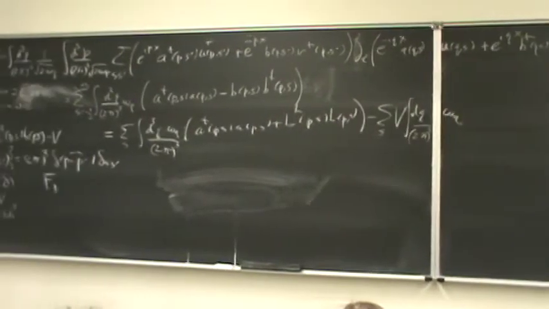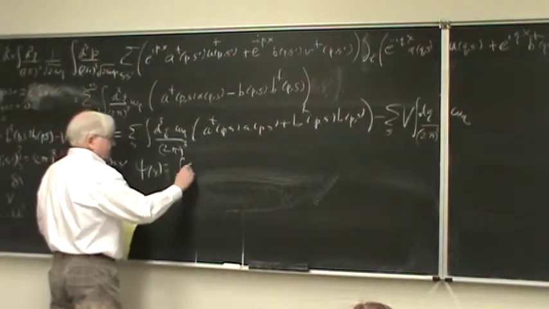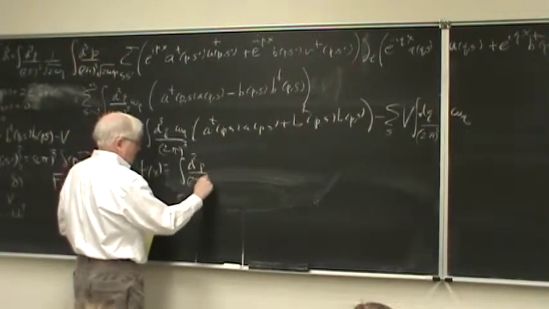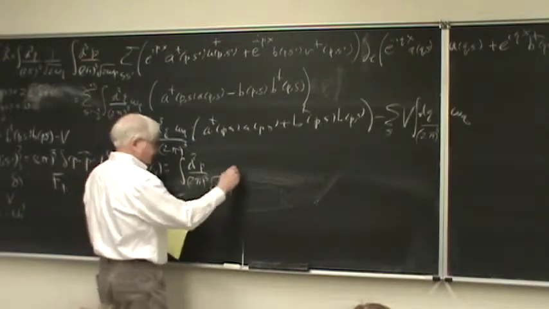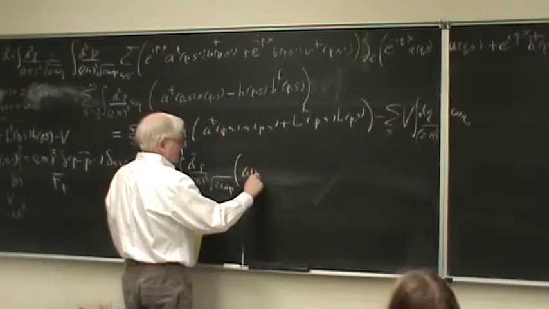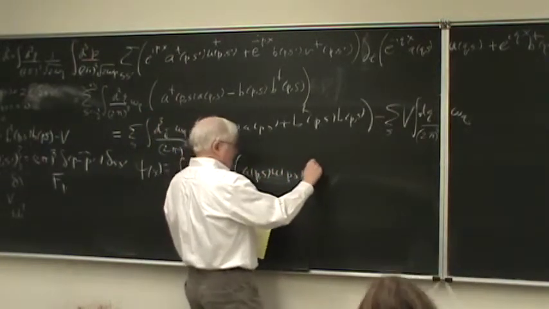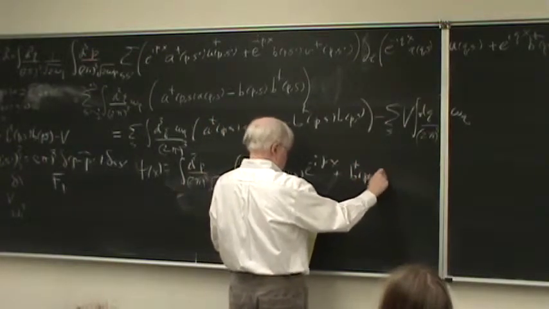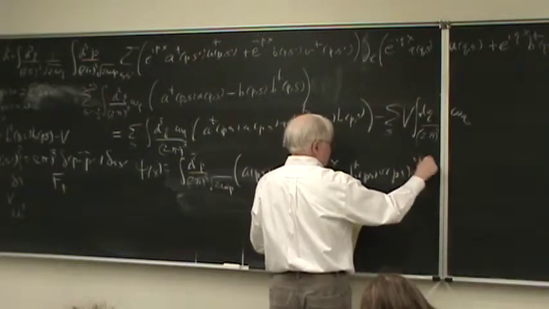First of all, what is the field? The field is psi of x. It's an integral d cubed p over 2 pi cubed, square root of 2 omega p, and then sum over s, a of p and s, u of p and s, e to the minus i p x, plus b dagger of p and s, v of p and s, e to the i p x.